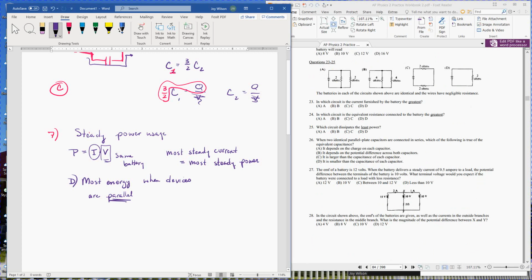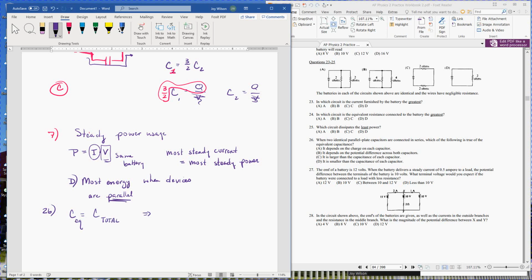Let's do number 26. It says when two identical parallel plate capacitors are connected in series, which of the following is true for the equivalent capacitance? So that means your total, they will write it like this, C EQ. Capacitance equivalent is the same thing as asking capacitance total, or the way it behaves.